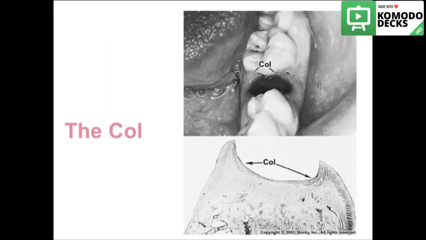The gingival col is a depression between the anterior and the posterior papilla of one tooth. It surrounds the tooth and it's a continuation of the very thin junctional epithelium.